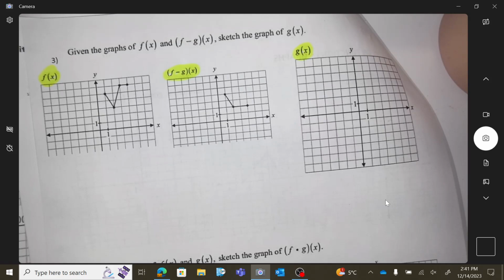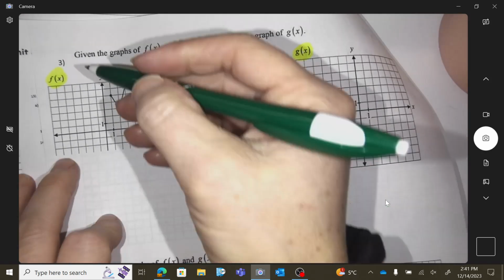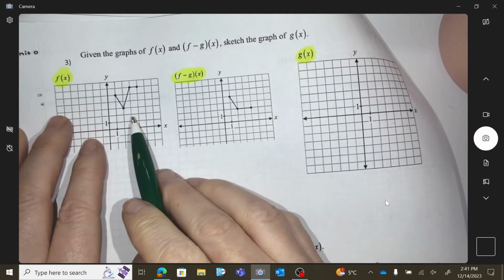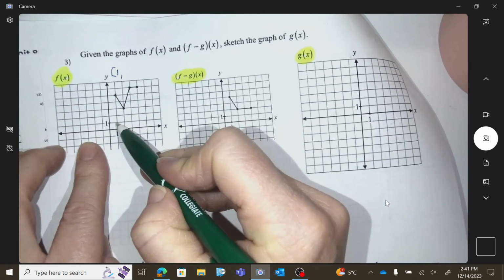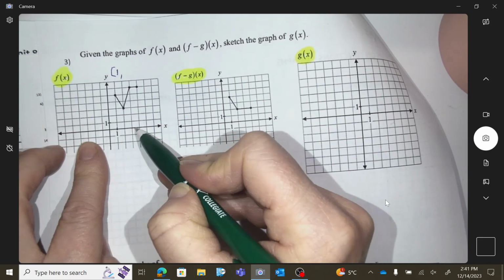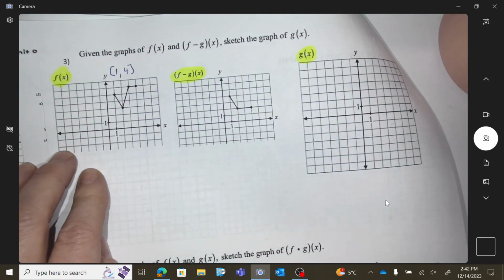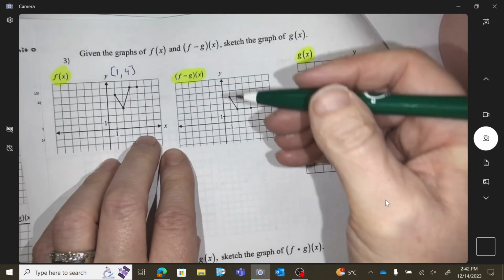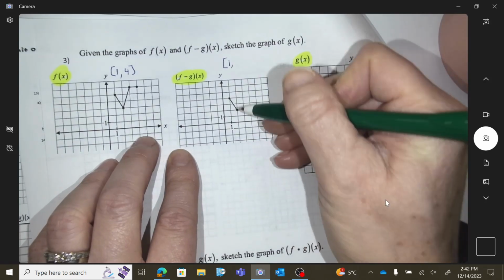Does this make sense? Okay, so let's talk about the domain. Where does this domain exist? From 1, 2, 3, 4. This was existing from 1 to 4. And where does this one exist? 1, 2, 3, 4.